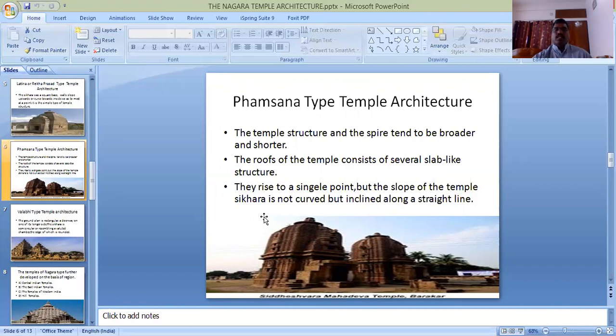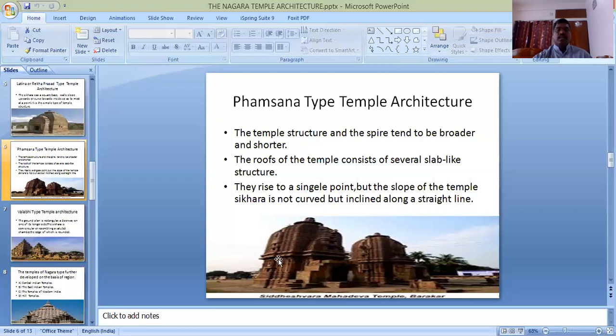The roofs of the temple consist of several slab-like structures. They rise to a single point, but the slope of the temple shikhara is not curved but inclined along a straight line.